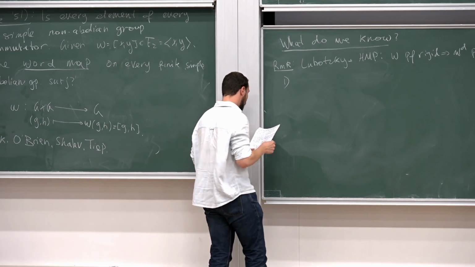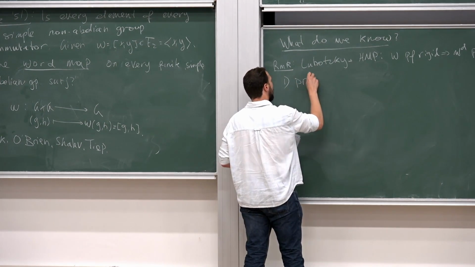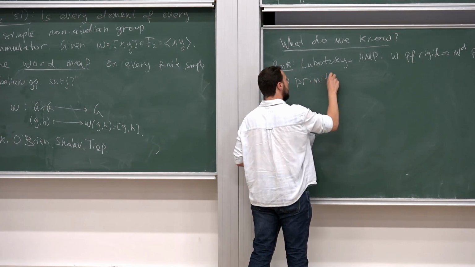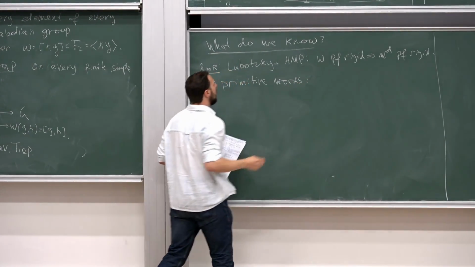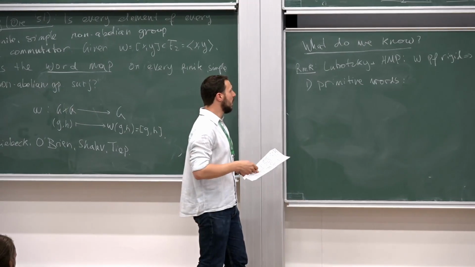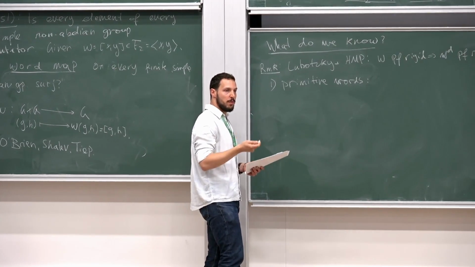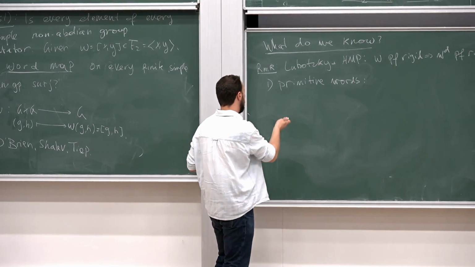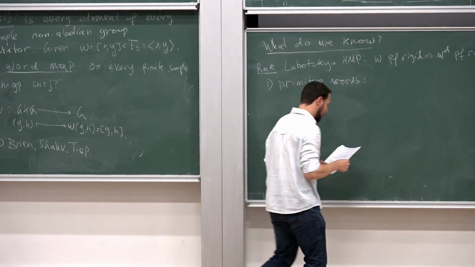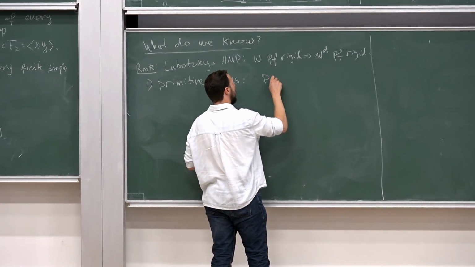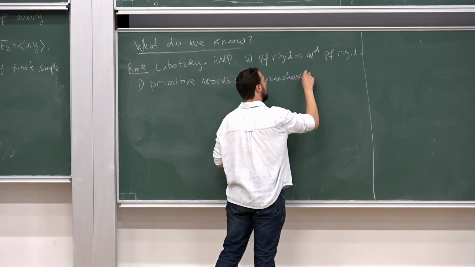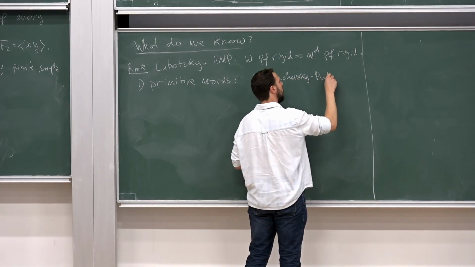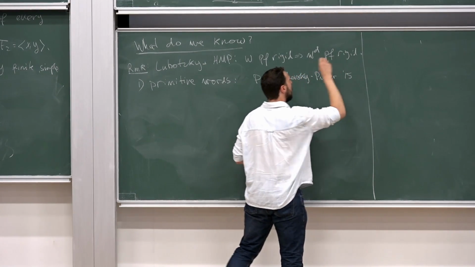So first, and perhaps most famously, are primitive words. Or in other words, if a free-group element induces the uniform measure on every finite group, must it be primitive? And the answer is yes. This is the theorem of Bartnicki and Puder in 2015.